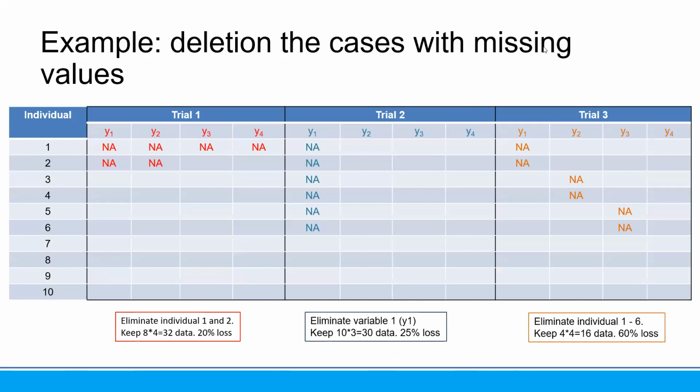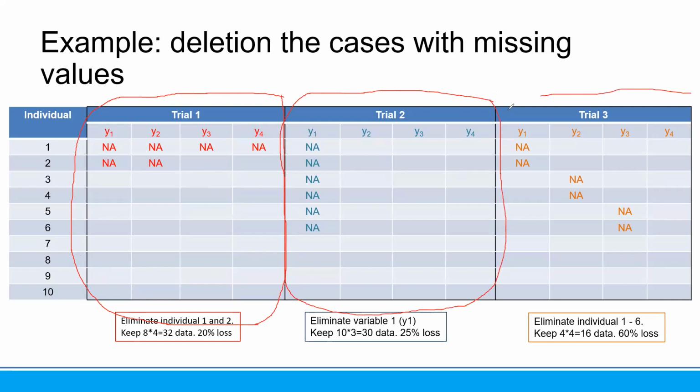For example, if I want to ignore the data, ignoring the data means I want to ignore one tuple, one row. Now let's see. I have 3 trial data. This is the first data, this is the second data, and this is the third data.